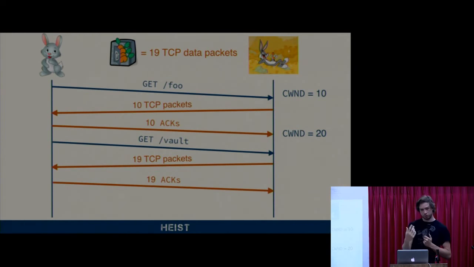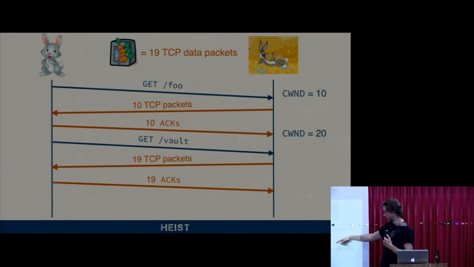Upon receiving these TCP packets, Mr. Sniffles will acknowledge them. When those acknowledgements have been received by Bunnybank, the congestion window grows to 20, because for every acknowledgement it grows by 1, and 10 plus 10 is 20, of course.